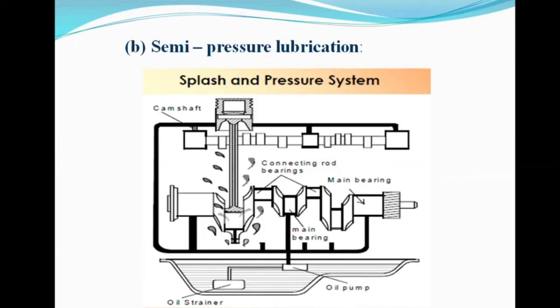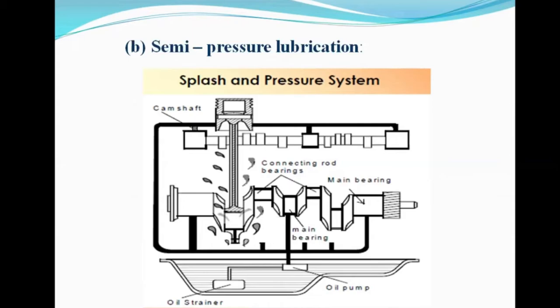Now the working: oil is drawn from the lower portion of the sump through a filter and delivered by means of a gear pump at a gauge pressure of about 1 bar to the main and crankshaft bearings. The cylinder wall, piston pin, camshaft, timing gear, piston ring, etc. are lubricated by splash lubrication.